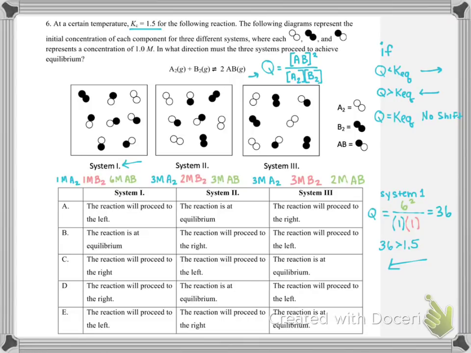And we're going to use the same process for systems 2 and 3. Okay, so for system 2, now we have for our AB 3 molar just squared divided by our concentration of A, which is also 3 molar, times our concentration of B, which is 2 molar, and we get a Q value of 1.5.